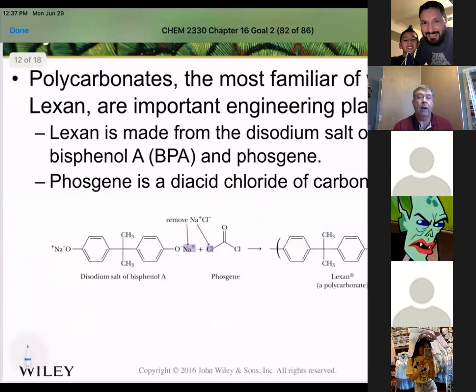Okay. Now, the next polymer is what we call a polycarbonate. It's kind of like a carboxylic acid ester, except instead of having the carbonyl bonded to a carbon, the carbonyl is bonded to another oxygen. If we look at just our functional group, the first half of it, if we cover up the other half, it looks like an ester.